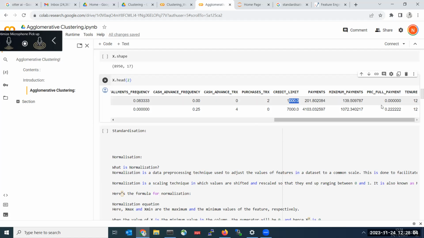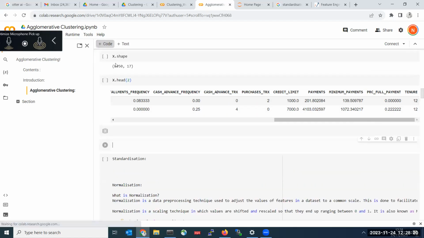And tenure, if you see the tenure, it will always be in small numbers, like 1, 2, 3, 6, 9, 12, 15, 18, 21 like that. But this credit limit is always in the thousands.